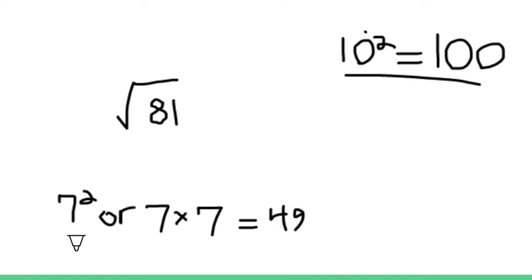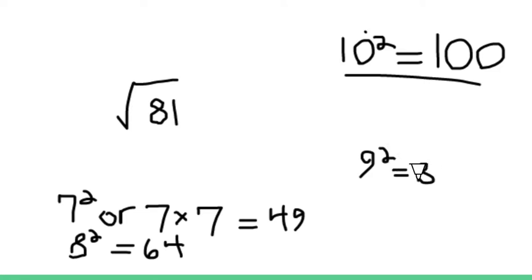What about 8? 8 squared, which means 8 times 8, equals 64. So it can't be that number. Why don't we try the next number over. Let's try 9. 9 squared, 9 times 9, does equal 81, guys. So you kind of see how you can do a guess and check to get the answer.